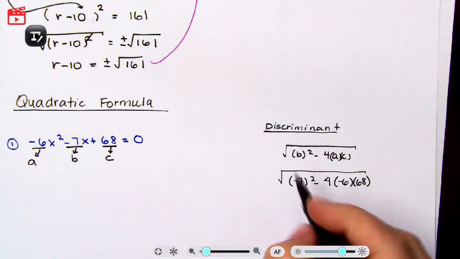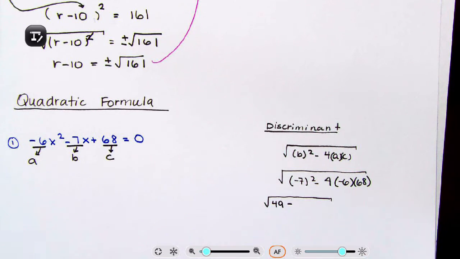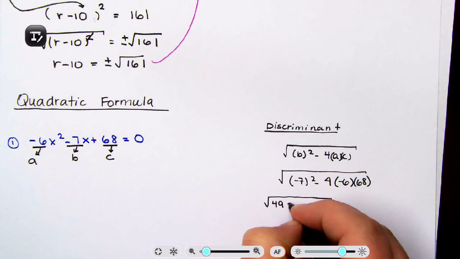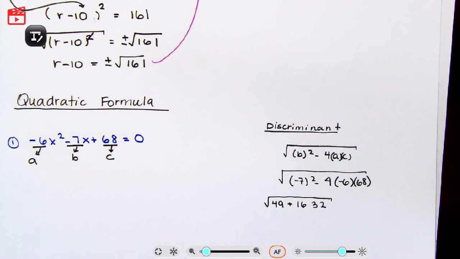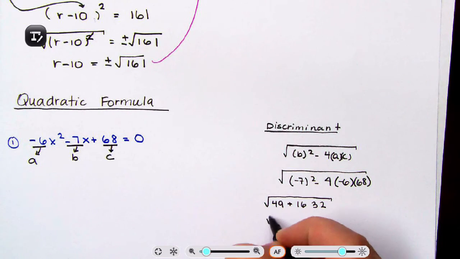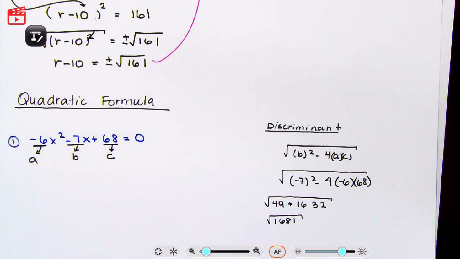So I get 49, again, square rooted, 49 minus 68 times negative 6 times negative 4 gives me a positive 1,632. I'm going to add that to 49, and I get the square root of 1,681. I'm going to take the square root of that, and that gives me 41.